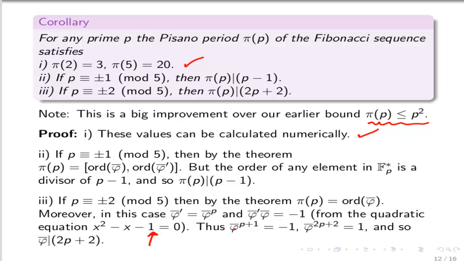And so if you take phi bar to the p plus 1 power, this would just be phi times phi prime. So I'm just plugging in that phi prime is phi to the p power here, and we get phi bar to the p plus 1 is negative 1, and then squaring both sides, we get phi bar to the 2p plus 2 is plus 1, and therefore the order of phi bar is a divisor of 2p plus 2.